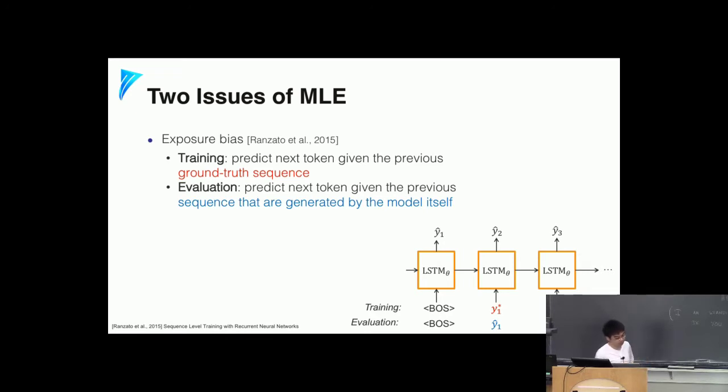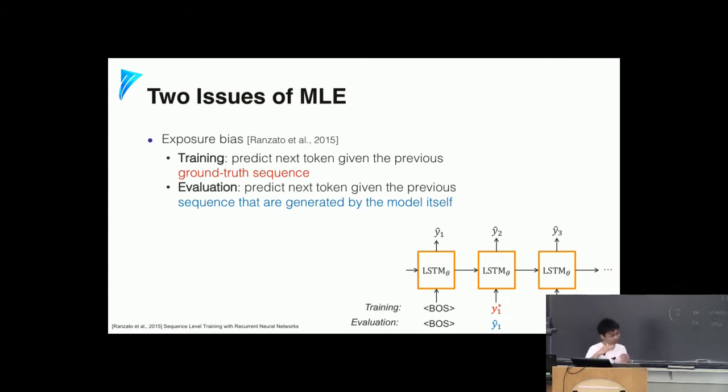This is what we do at the training time. But at the evaluation time, we don't have these ground truth tokens. So what we do is we predict the next token given the previous sequence that are generated by the model itself. At the test time, we don't have this y star, so we have to use the tokens produced by the model itself.